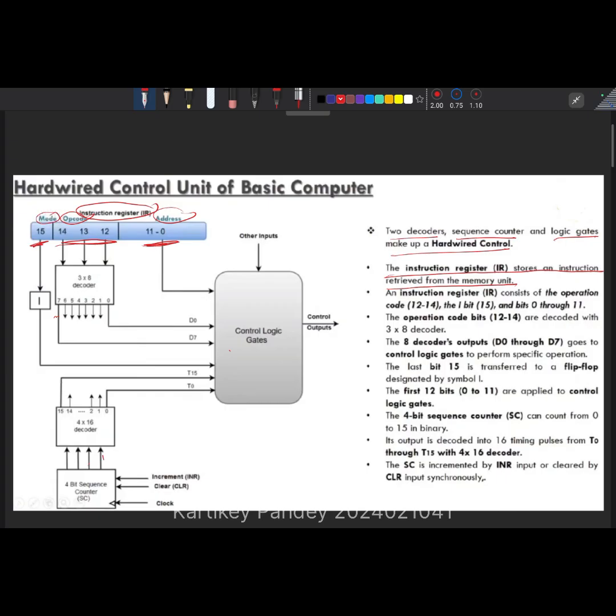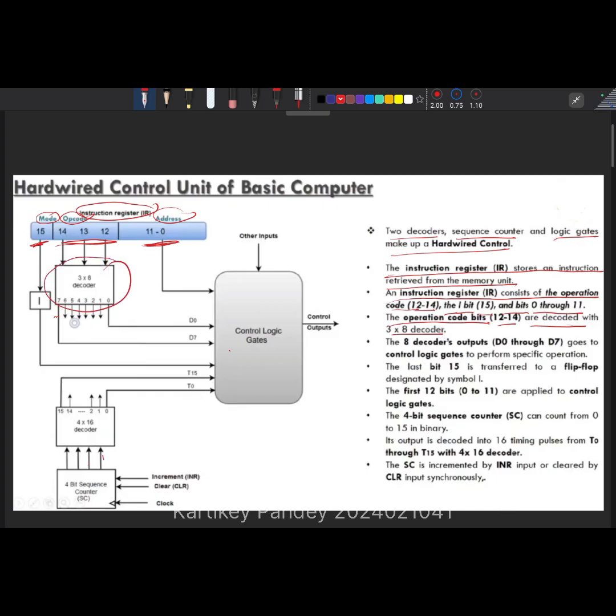As we can read here, the instruction register consists of the operation code 12 to 14, the I bit 15, and bits 0 through 11, which store the address. Now, the operation code bits, that is 12 to 14, are decoded with a 3 cross 8 decoder, as you can see here.